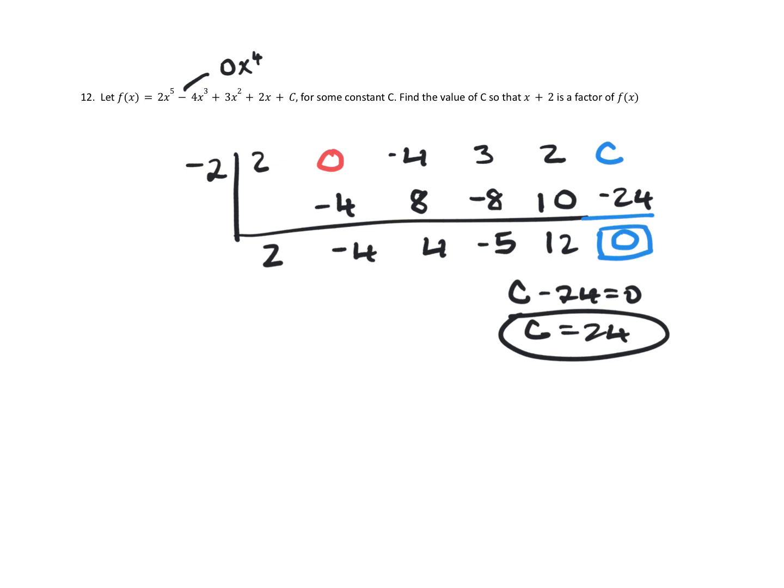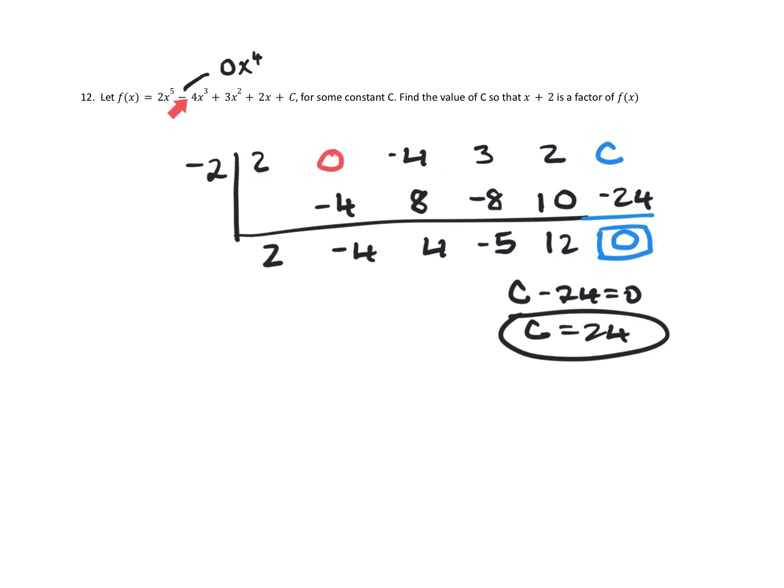For number 12, we are given this equation, and there is a constant c. We are told to find the value of c so that x plus 2 is a factor. Because I know x plus 2 is a factor, I expect to get a remainder of 0. So I write my coefficients, but look at the 0 in red.